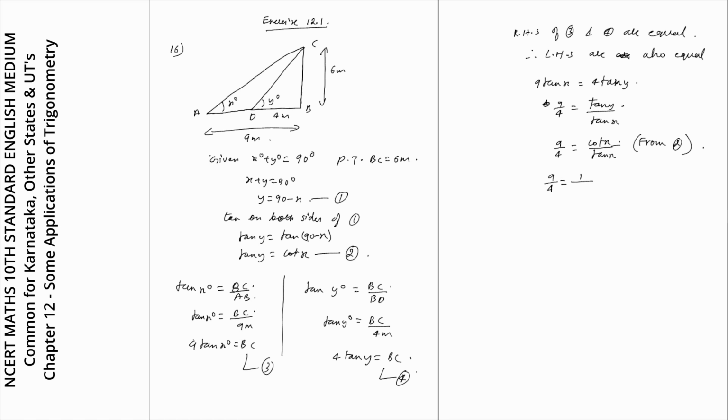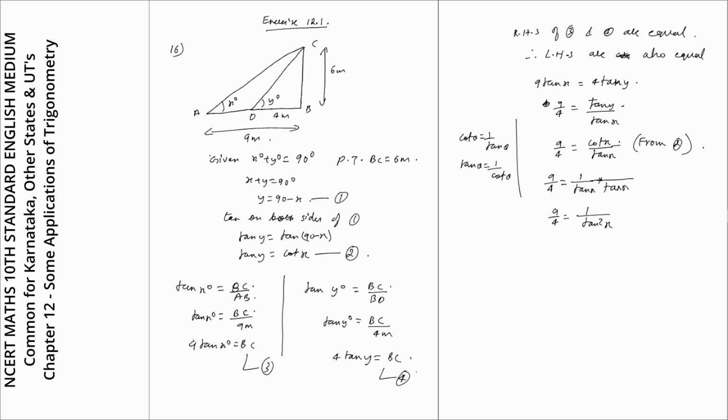Cot of x is 1 by tan of x, into the tan of x as it is. So cot x and tan x are inversely related. Cot theta is equal to 1 by tan theta and tan theta is equal to 1 by cot theta. Therefore cot of x is 1 by tan x. So 9 by 4 is equal to 1 by tan x into tan x, which is 1 by tan square x.